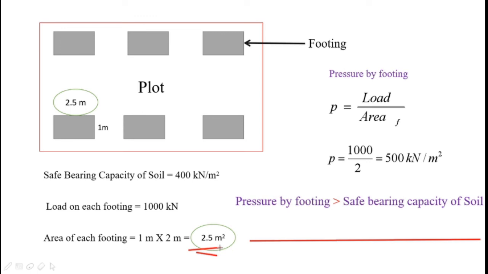That means your cost of construction of the footing will also increase by 25%, and 25% is a very big amount. Let's say you are doing a project where the footing construction costs around 10 lakh rupees. If you increase the footing size by 25%, it will cost you around 12.5 lakh rupees. Nobody will let you do that. If you do that, you will get fired from your job.